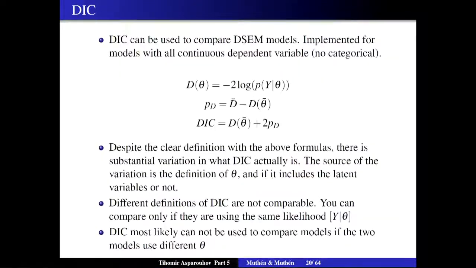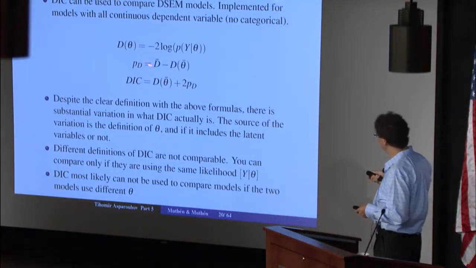Theta represents here the unknown quantities in the model, so the parameters. That is called the deviance, the log likelihood of the observed data, conditional on these unknown quantities. This PD is called the estimated number of parameters, and you can find that in the Mplus output.